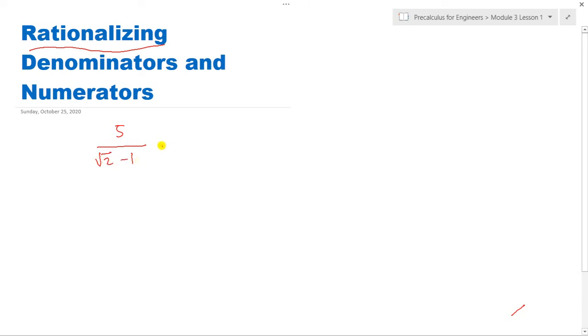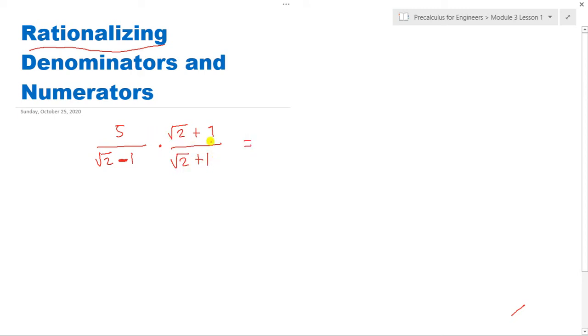So again, apply conjugation. So i-conjugate natin yung denominator kasi yung denominator na naman yung merong radical symbol. So again class, since minus ito, so yung conjugation natin is addition. So we multiply both numerator and denominator square root of 2 plus 1 all over square root of 2 plus 1.